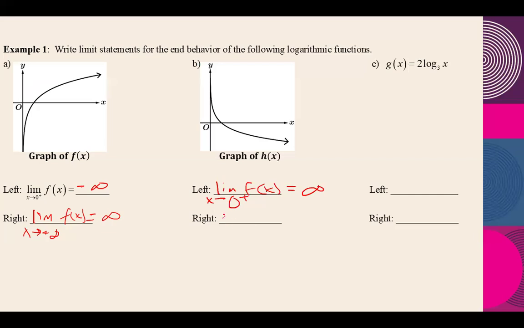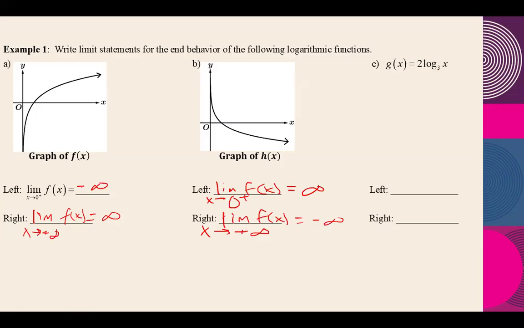And then the limit as x goes to positive infinity, f of x is doing what? Decreasing. So therefore, it's going to be negative infinity.